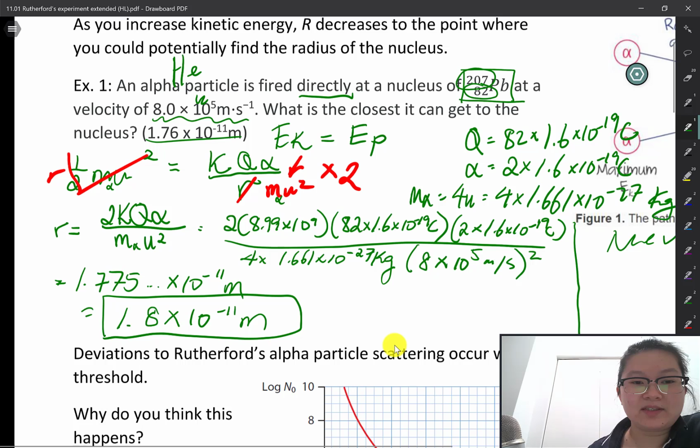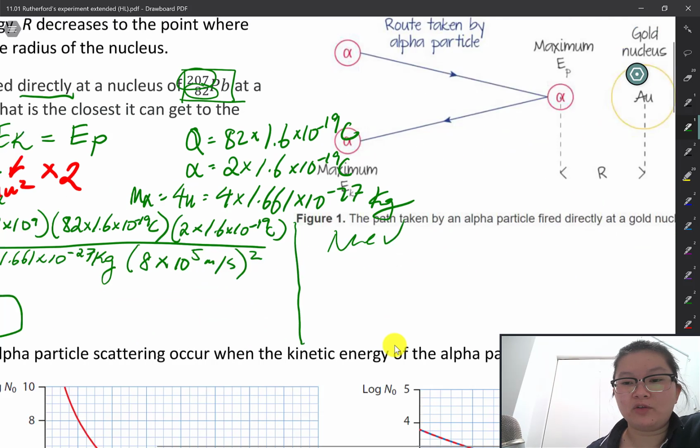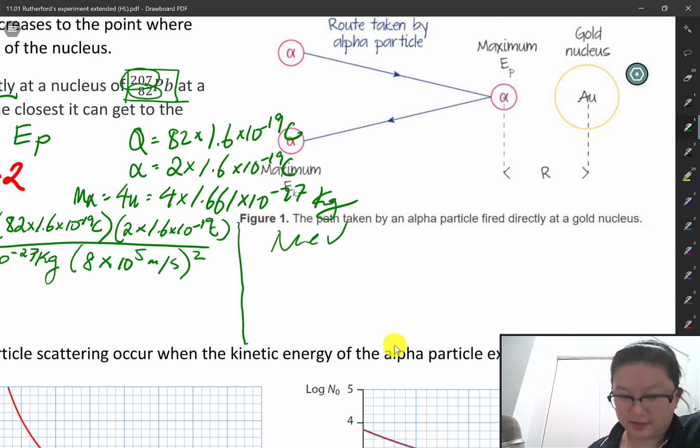And so I did say I was going to show us how to convert the kinetic energy of this alpha particle to MeV units. We know that MeV is essentially mega electron volts, and an electron volt is a unit of measurement for energy.